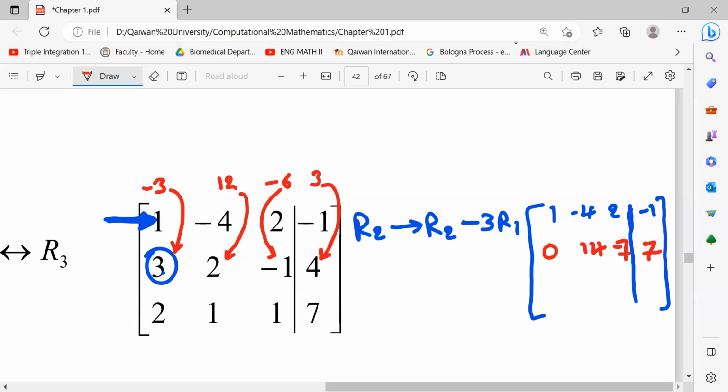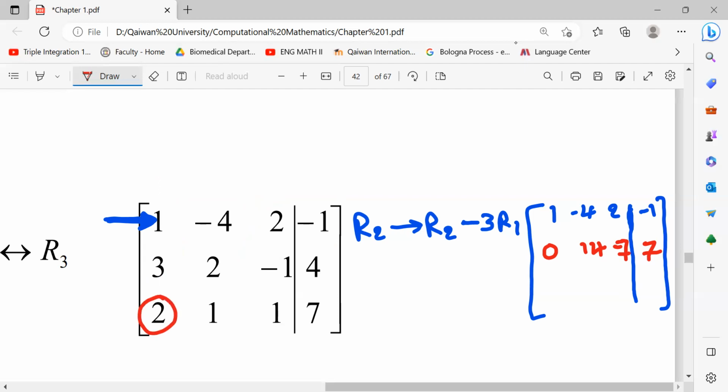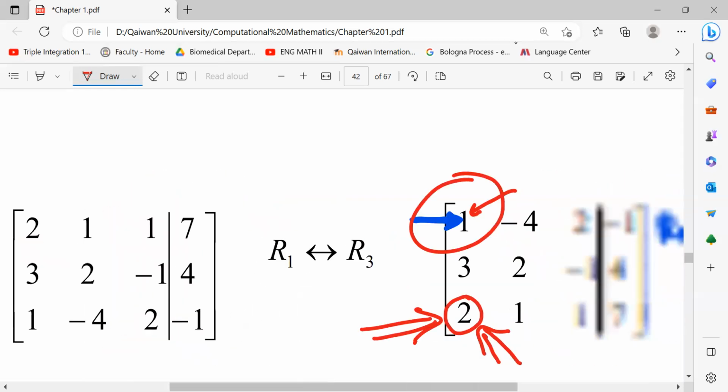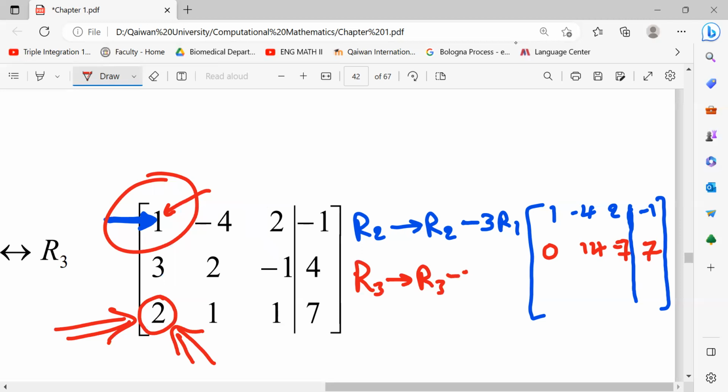Now for row 3, we need to change this to 0. How? This is in row 3. Row 3 becomes row 3, then from this one, we want to change this to 0. What should I multiply by this one and add to this to get 0? Minus 2 R1.